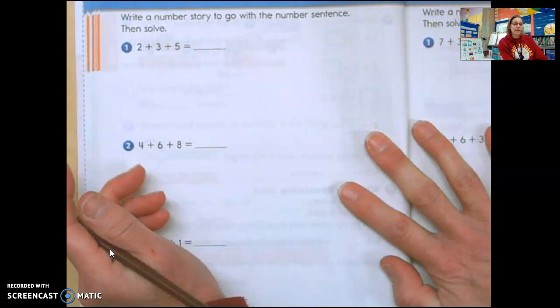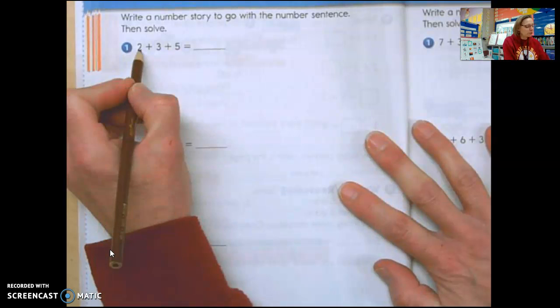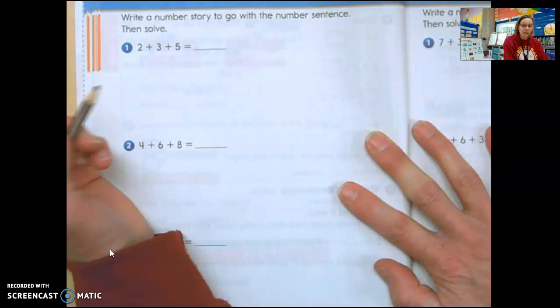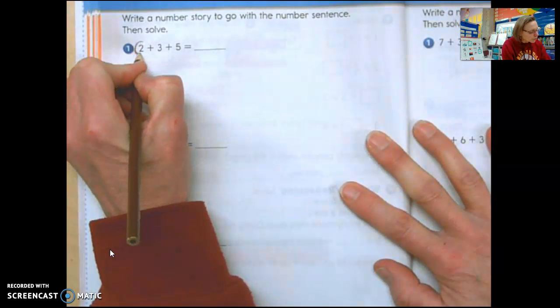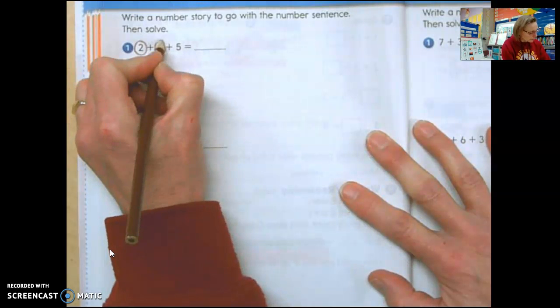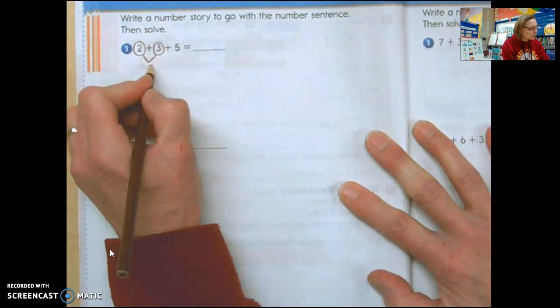Do you see that we could make a double though by putting our 2 and our 3 together, and that would give us a 5, and then we would have a double fact, right? So let's do that. Everybody circle the 2. And everybody circle the 3. We're going to bring those down here and put them together.